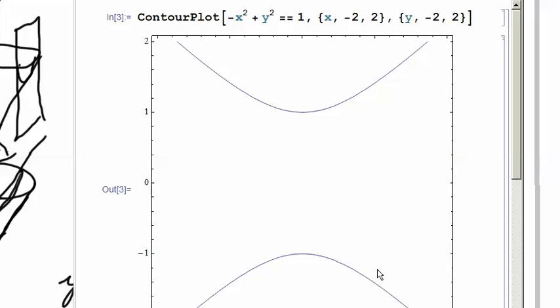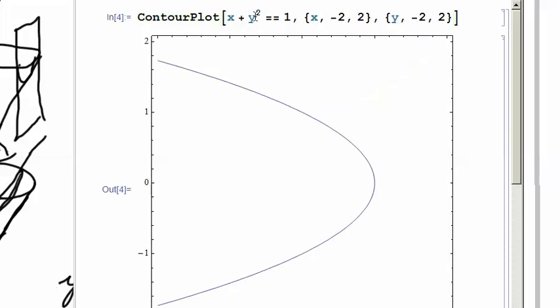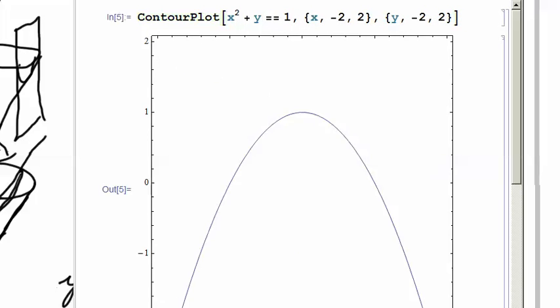Also, if I just have, say, x plus y squared equals 1, what happens then? Then we get a parabola. And if I said x squared plus y equals 1, then we get a parabola going horizontally.